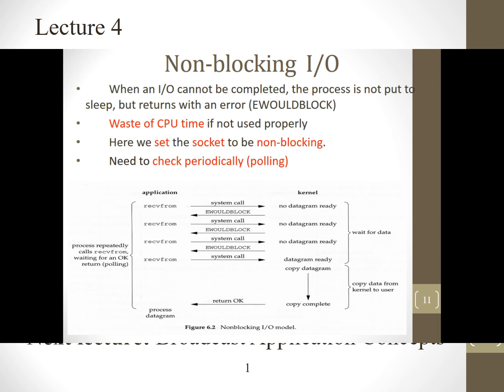So here you can see the difference with blocking I/O: the process was not put to sleep. All this time, starting from here till here, the process was not put to sleep. It was put to sleep, or blocked, only for the time of copying the datagram from the kernel.